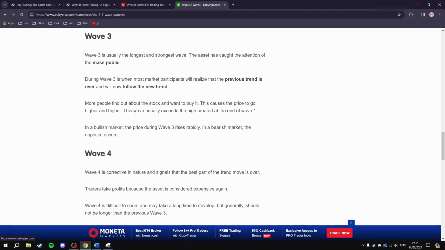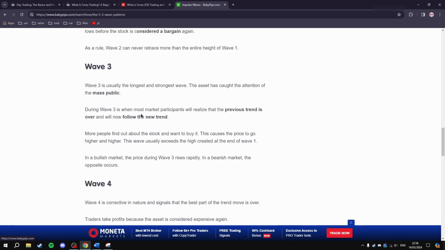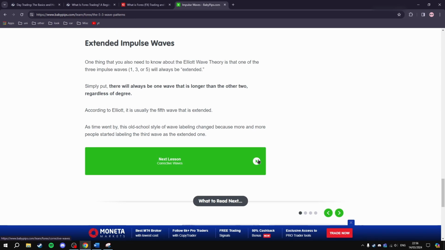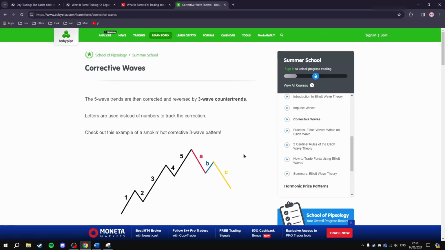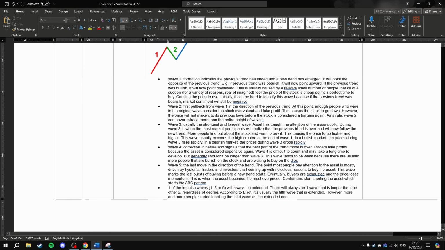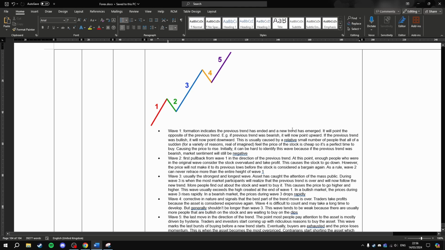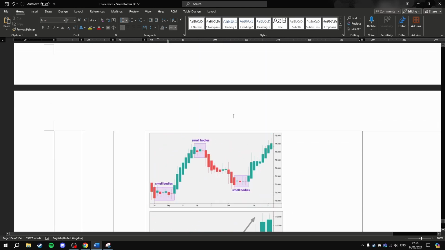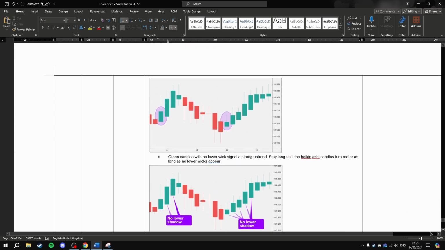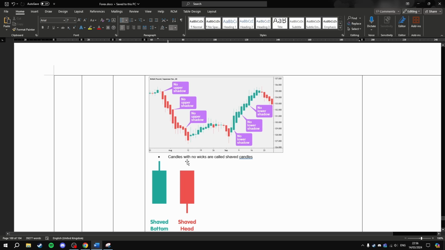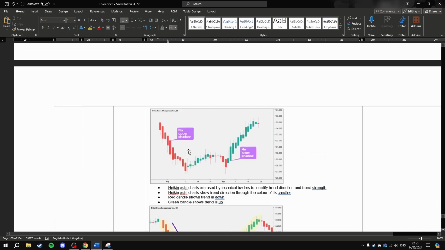Interesting. I think when we do get onto looking at previous charts, it would be interesting to see where this Elliott wave theory shows up.